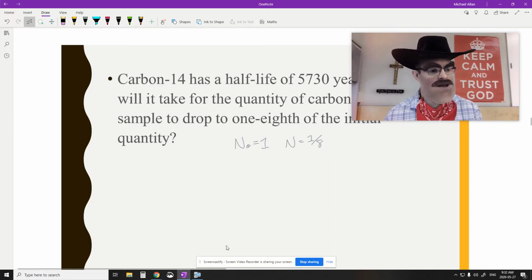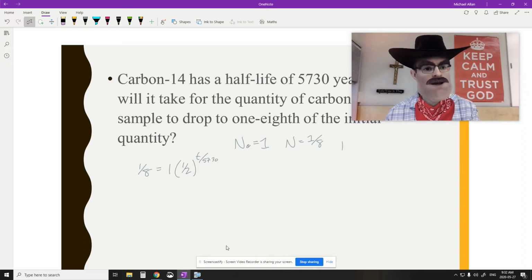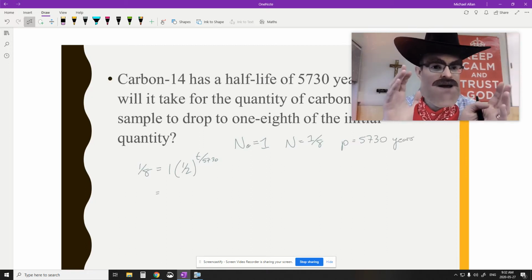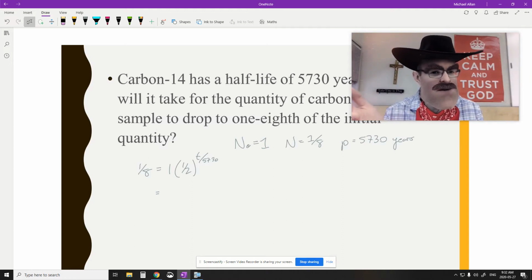So we set up the equation. 1/8 is equal to 1 times a half to the power of t over my period, which is 5,730 years, so it's going to be in years there. Now this is where we get a kind of tricky situation. We have to solve for something that has the unknown in the exponent.